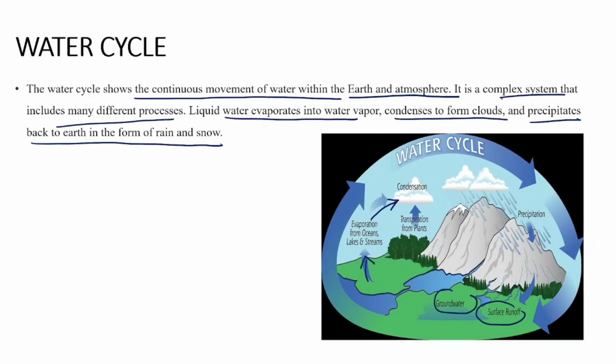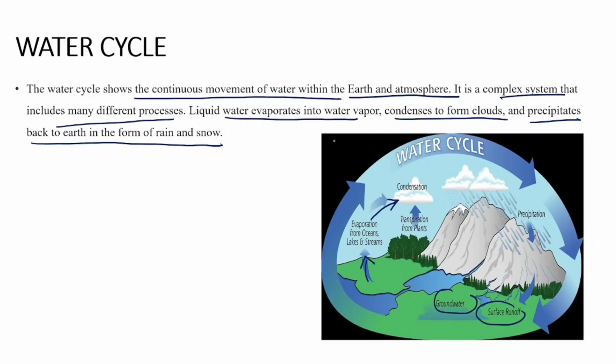So what exactly happens in the condensation process? What exactly is happening is water is getting evaporated to water vapor, right? This is what we call evaporation. Now after evaporation, what will happen?